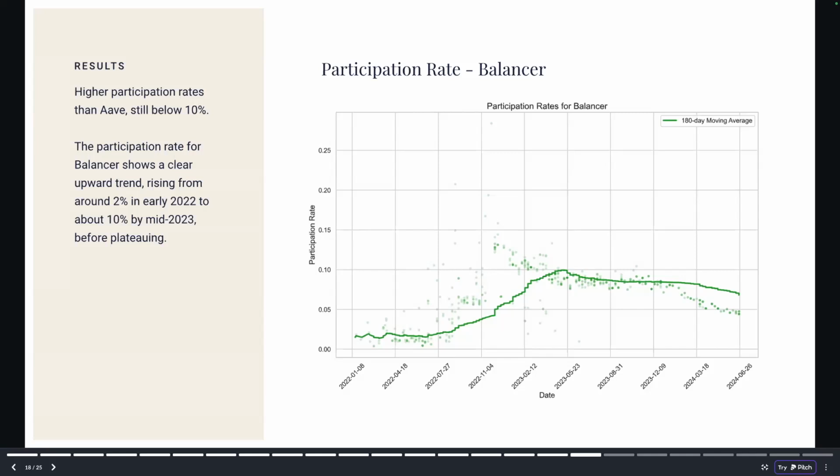So how is that daily value calculated? I think it's the average participation rate of the different proposals. I would need to look at my code, but yeah, I think so.